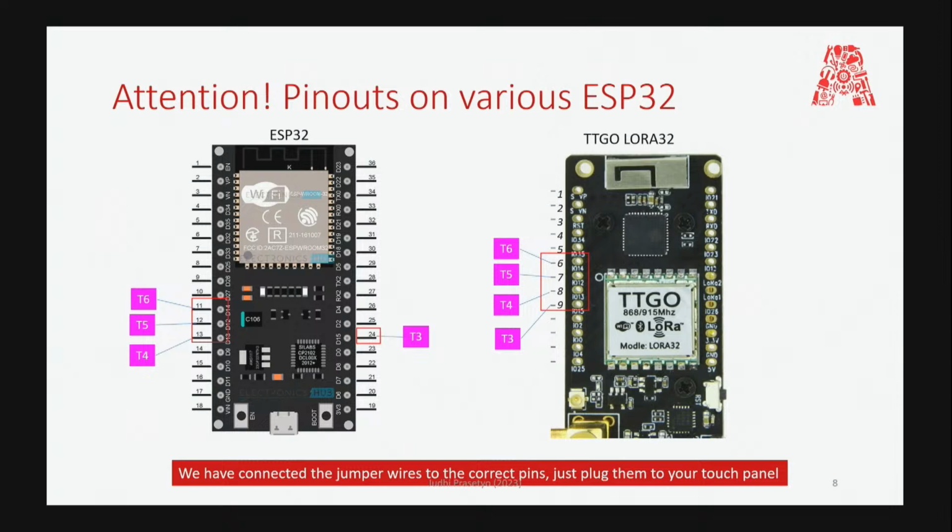They are labeled as T3, T4, T5, T6. T stands for touch. So when you touch this pin, ESP32 will sense it. It will give numbers, and you can later, based on the numbers, based on the capacitance that you sense, it will do certain action.